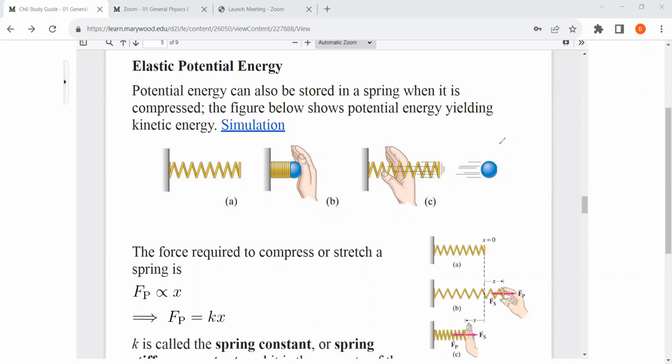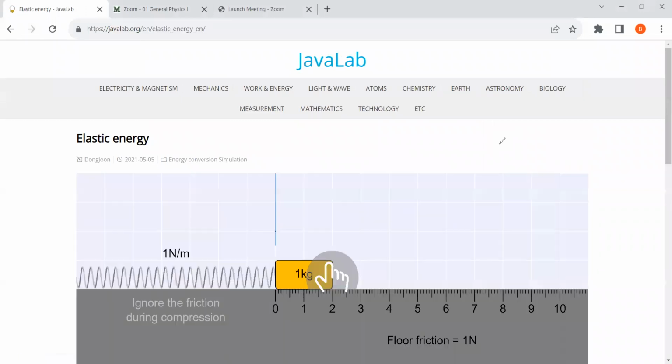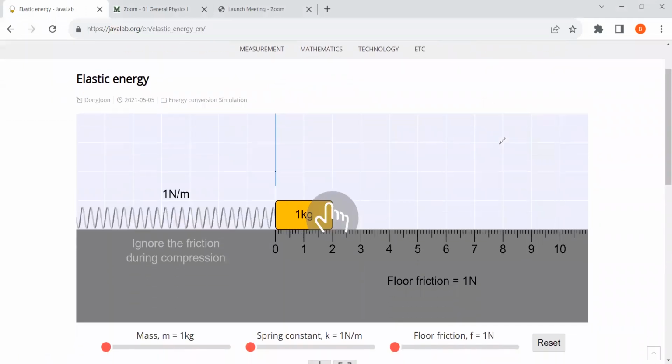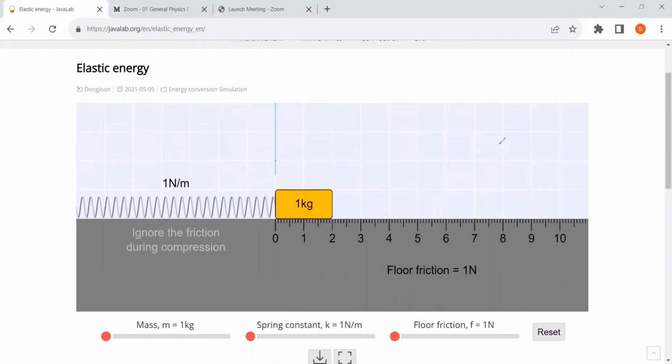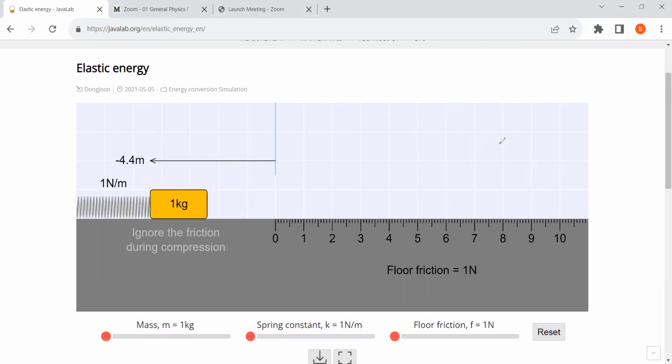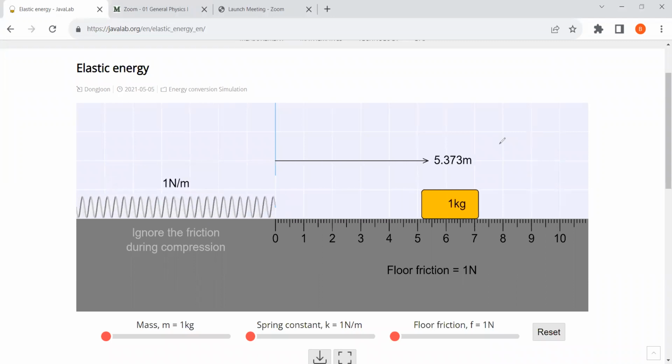In this simulation, we can show the same thing as in this picture. It's basically the same thing, a spring, and here instead of a ball we have some mass. If we push it, the spring is storing some potential energy, and when I release it, you see that the potential energy is converted to kinetic energy.